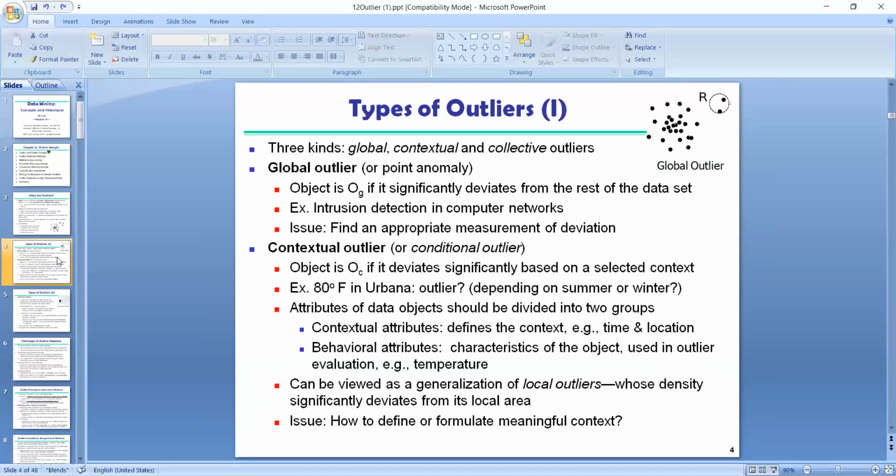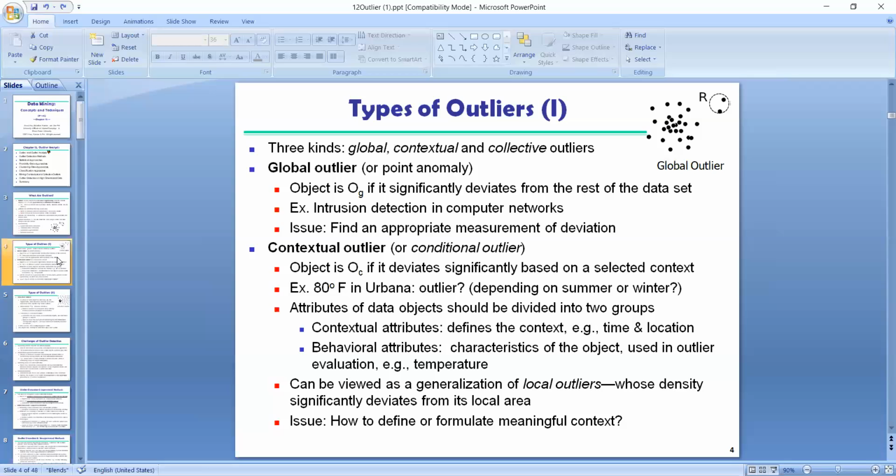In a given data set, a data object is a contextual outlier if it deviates significantly with respect to a specific context of the object. As I told, it's also known as a conditional outlier because it is conditional on the selected context.